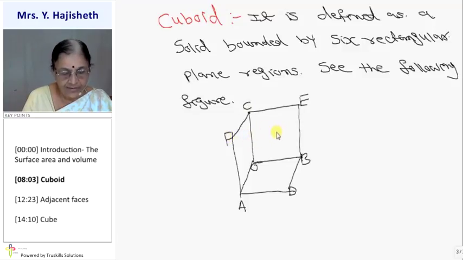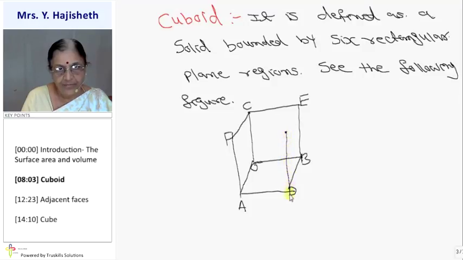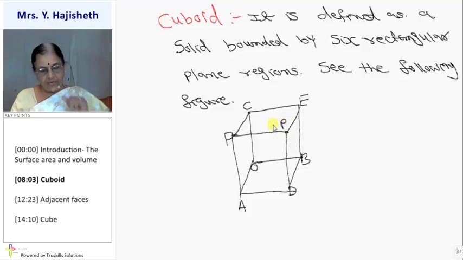And from here again I will draw 3 perpendiculars. I take a point P here. P and D should be joined, P and E should be joined, and P and F should be joined. This is a cuboid in shape.